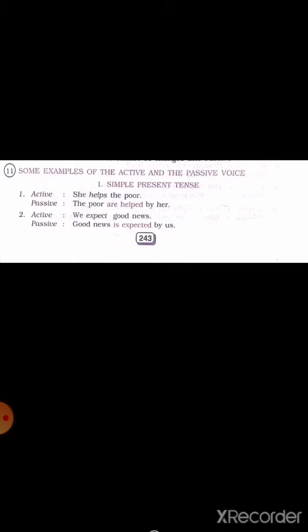After that the third form of the verb expect, the main verb, is expected. After that we, I told you, we becomes us. Before that we have to add by. So the sentence is good news is expected by us.